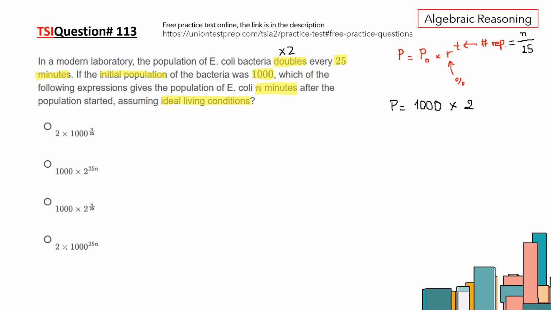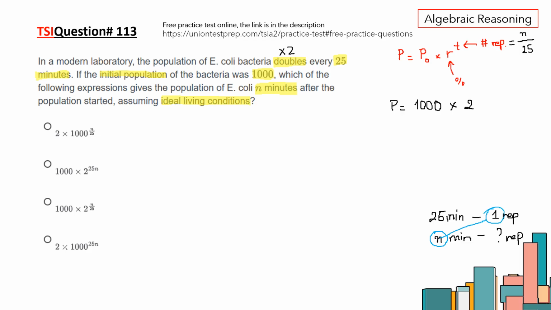You can try it like this. Every 25 minutes you will have 1 replication. So if you have n minutes, how many replication times will happen? We cross multiply and then divide by the rest.